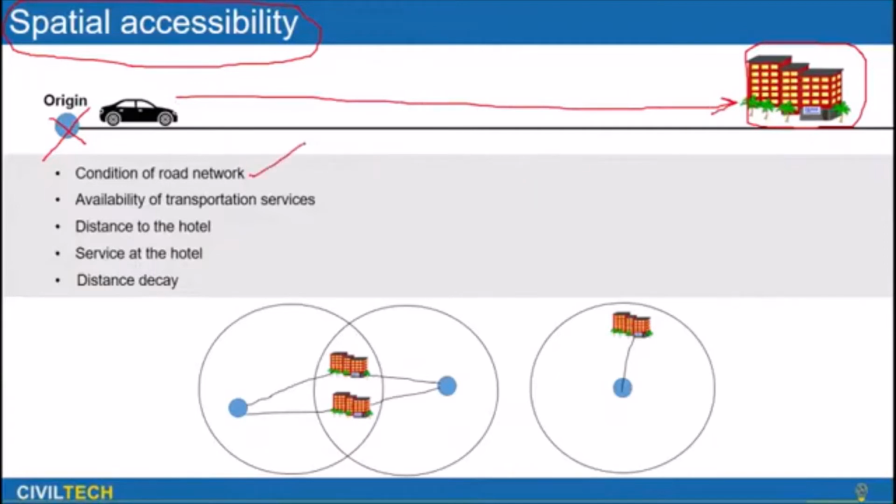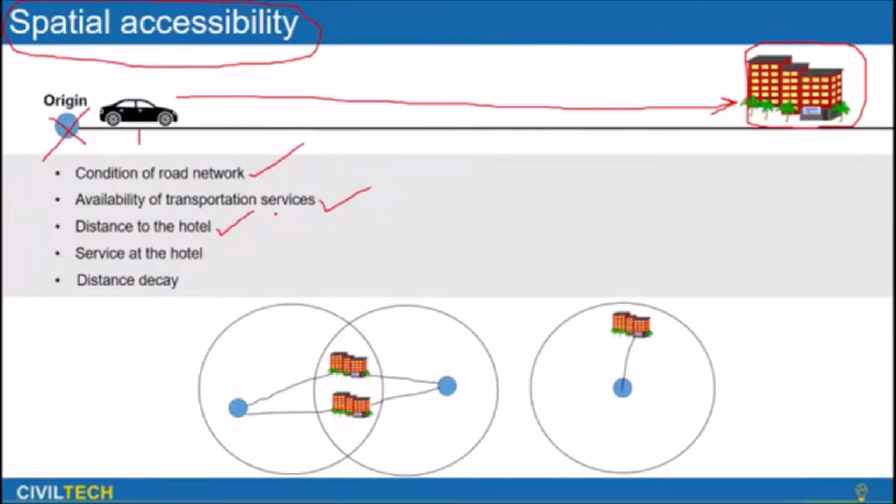One, the condition of the road network you are using should be very good, and there should be availability of transportation services, let us say an auto rickshaw service, or public transport, or if you have your own vehicle, that is absolutely fine. And if you look closely, distance is also one of the criteria that decides whether you want to go to the hotel or not.